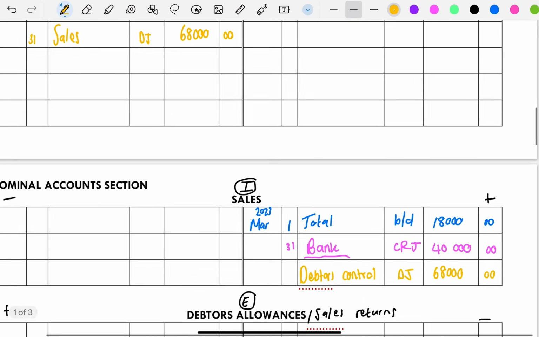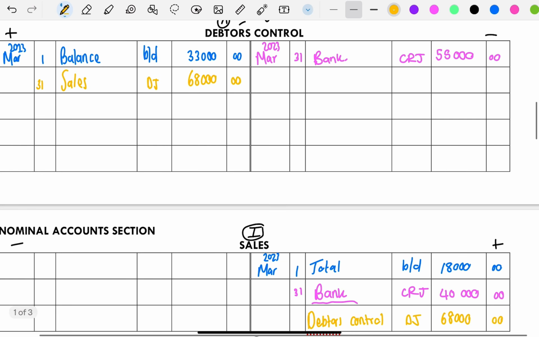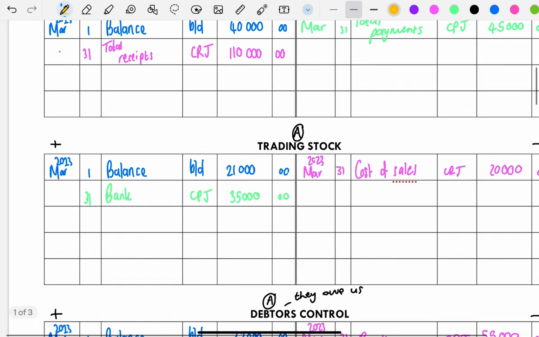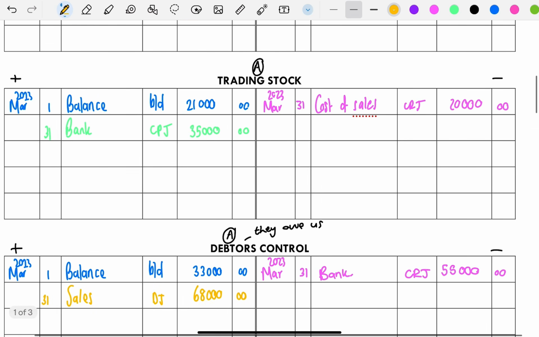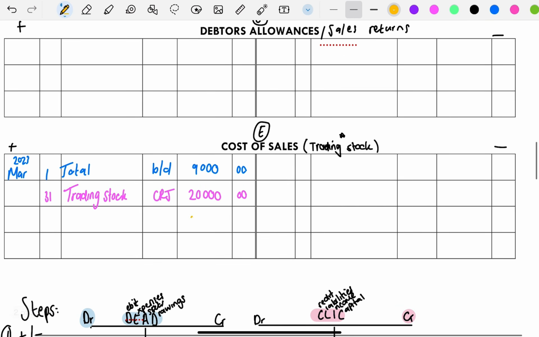Okay, so there I've done the sales and the debtors control posting, and then I've only got the cost of sales column left, which you'll see is again very similar to what we did in the CRJ. So we need to go to trading stock and cost of sales, and 34,000 needs to be credited in trading stock, and debited in cost of sales.